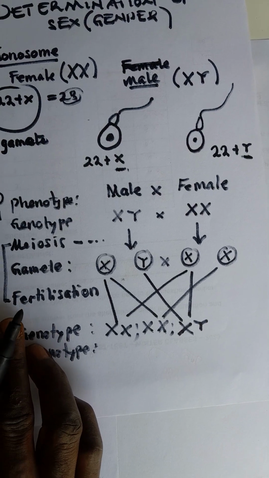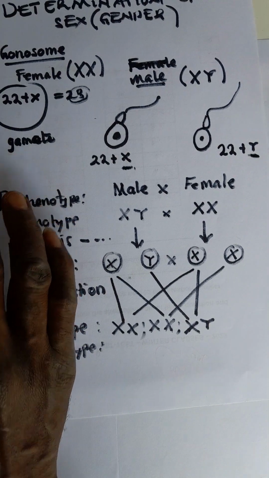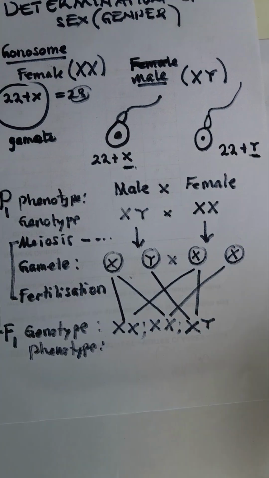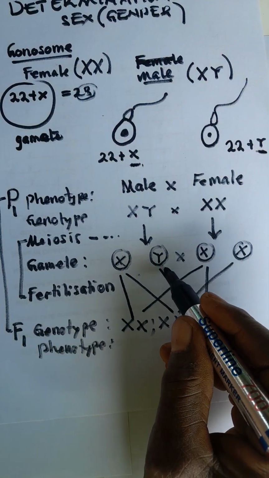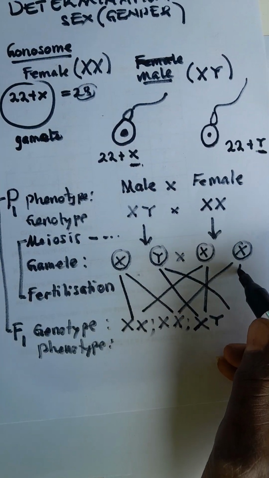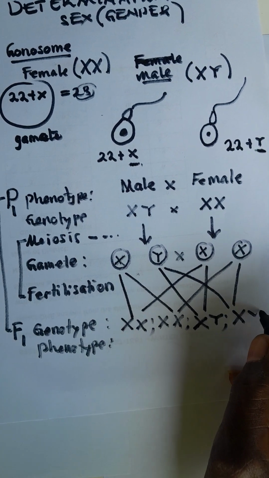However, it is still correct even if you write Y first, but it makes much more sense when you write XY. So let's look at this now. It can happen again that the Y chromosome crosses with the X, which is going to give us XY.